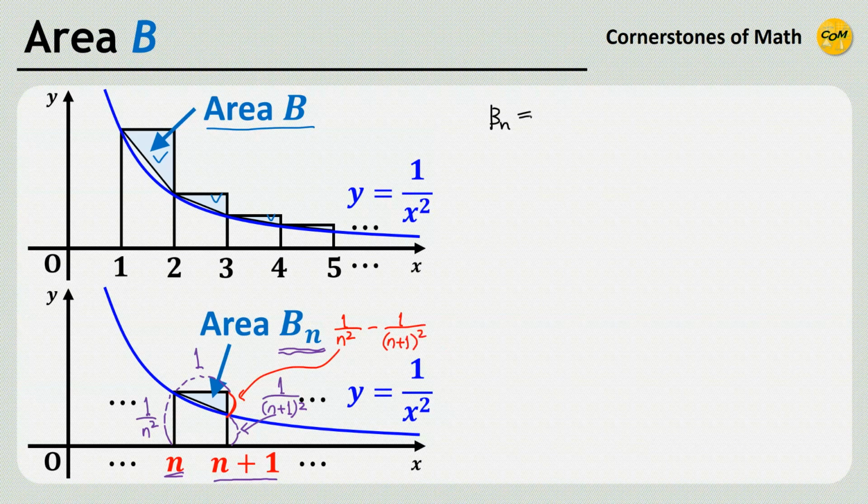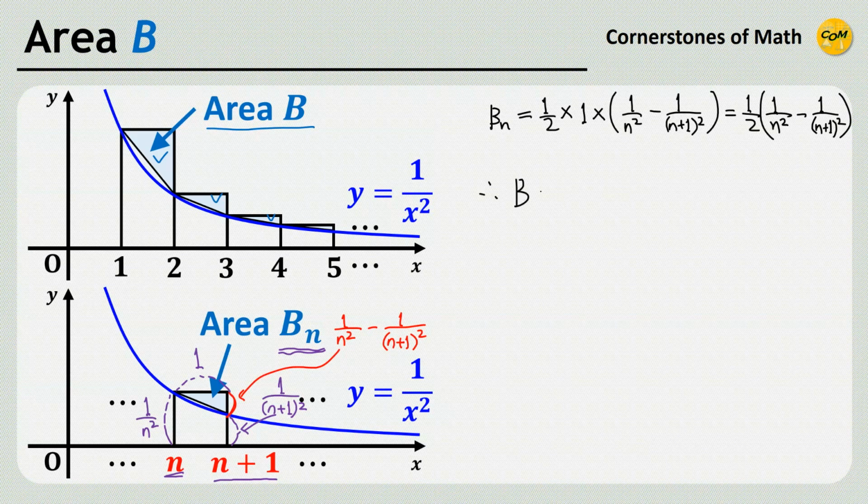So Bn equals 1/2 times 1 times (1 over n squared minus 1 over (n plus 1) squared), which simply equals 1/2 times (1 over n squared minus 1 over (n plus 1) squared).